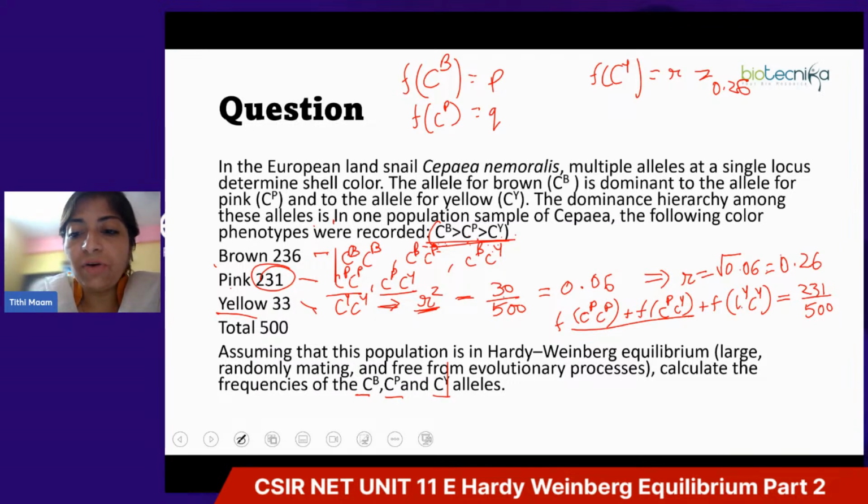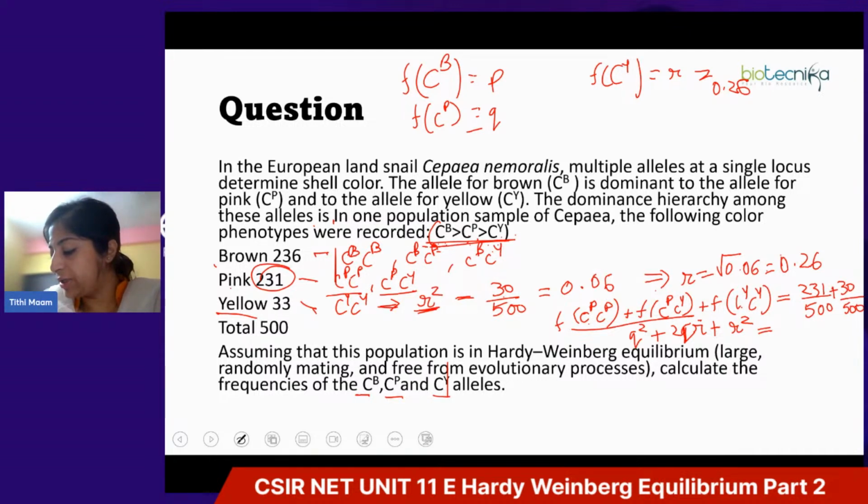It is 30 by 500, so plus 30 by 500. Now on this side, CP is Q, right? So it will be Q square plus 2PQ, sorry, 2QR, plus R square. When you solve it on this side, you will get the value as 0.528.